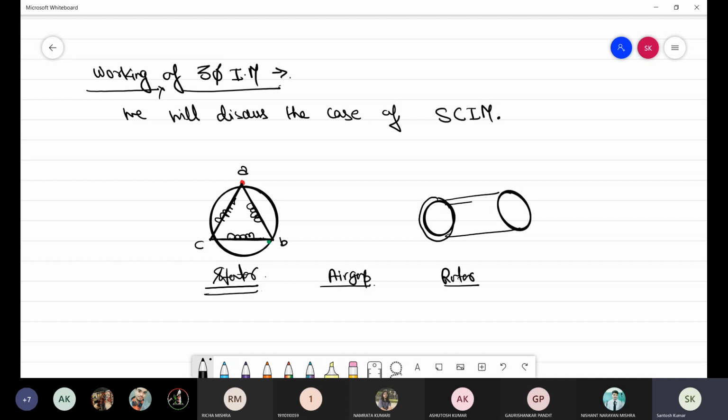This is the squirrel cage rotor, which is short circuited on one side. It can be rotated across a shaft.